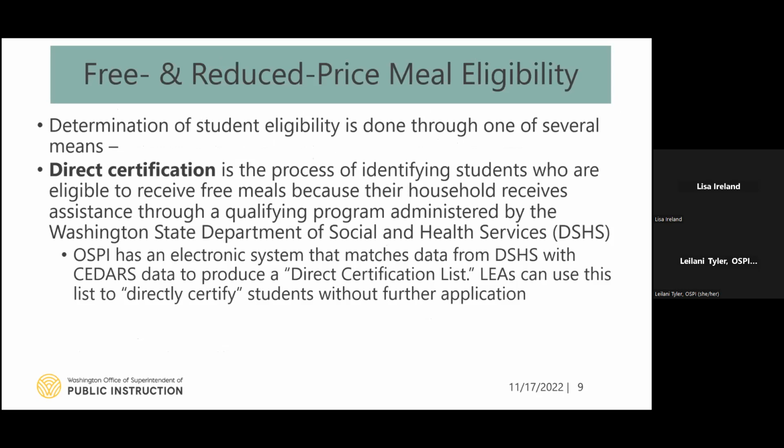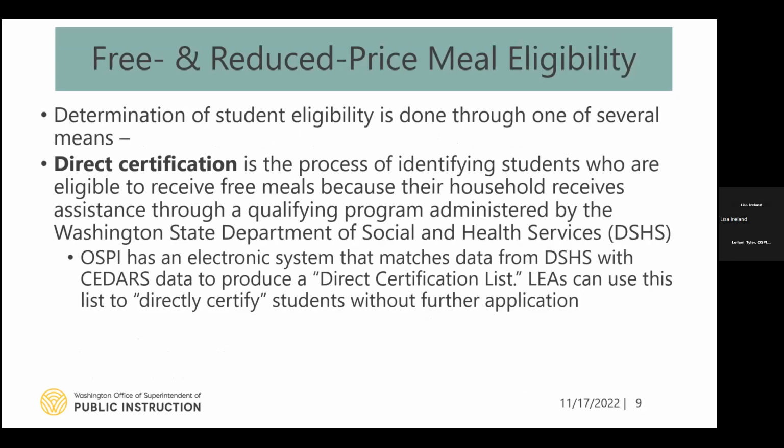We have students determined as eligible through direct certification. That's the process of identifying students who are eligible because their household receives assistance or is identified as receiving services through a qualifying program through DSHS, the Washington State Department of Social and Health Services. OSPI has a secure agreement with DSHS.